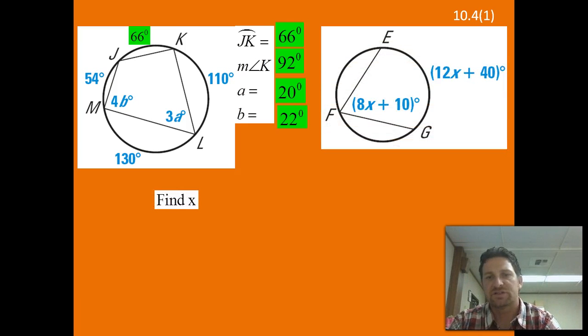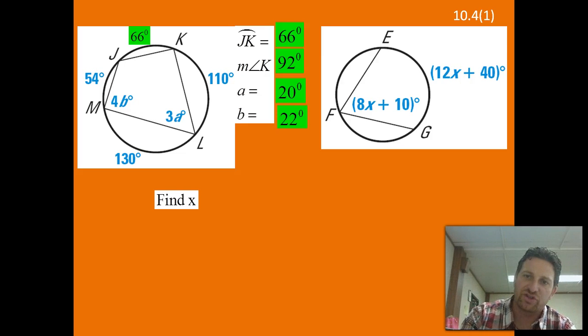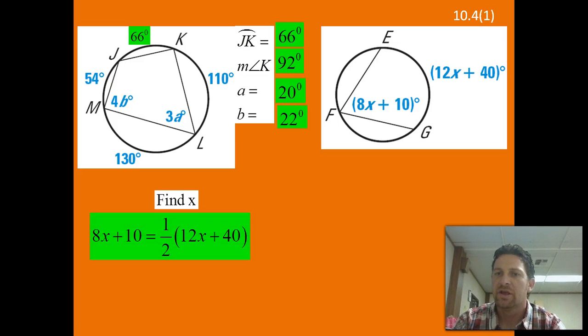All right, so now to find x here. You have an inscribed angle, whose equation is 8x plus 10, and then you have that arc out there, which is 12x plus 40. So remember that the inscribed angle is half of its arc. So if I just set up the equation as 8x plus 10 equals 1/2 of 12x plus 40, you can work this out.